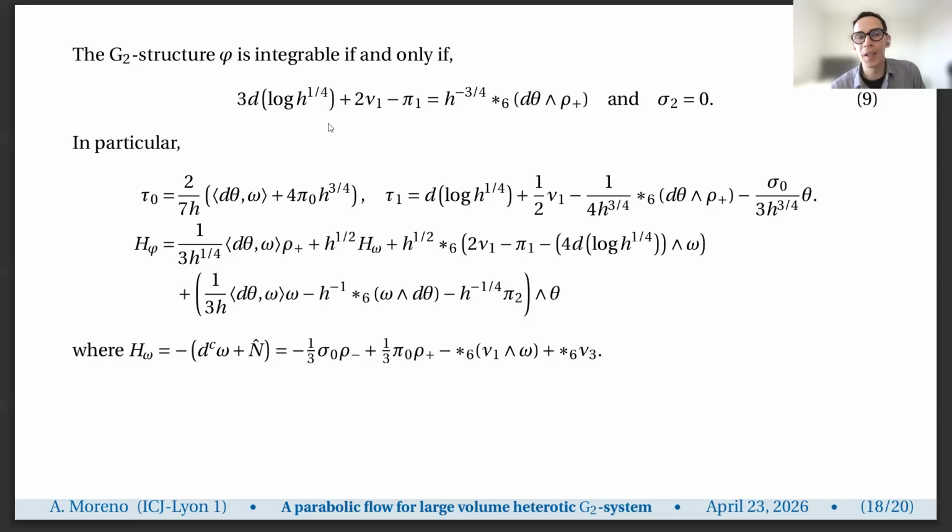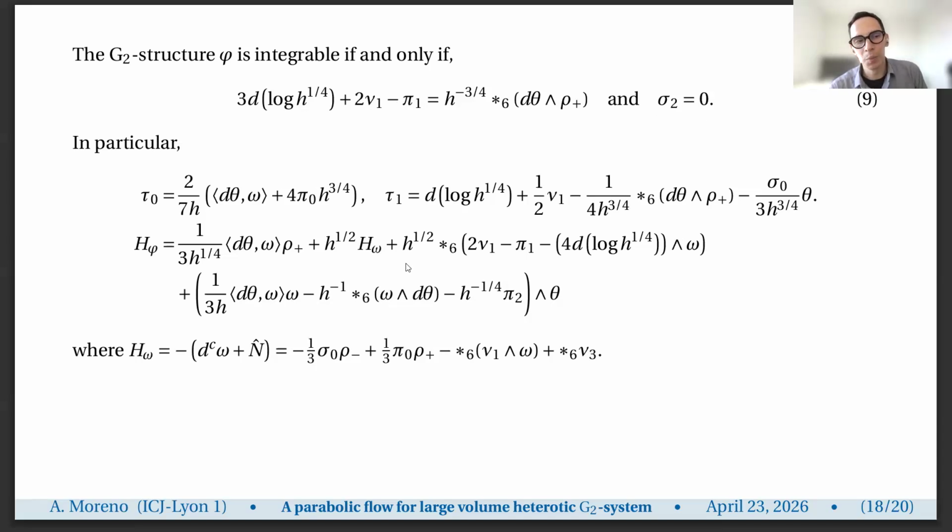What you find is that the integrability condition is equivalent to this PDE in terms of the differential of H and the torsion forms nu1 and pi1, which are related with the Lie form of the SU3 structure. And you need sigma 2 to be equal to 0.